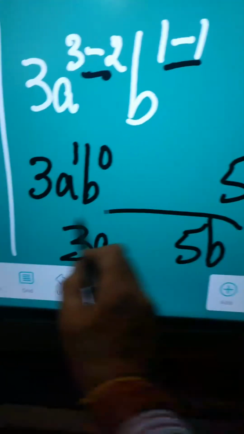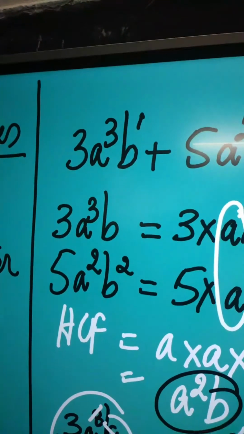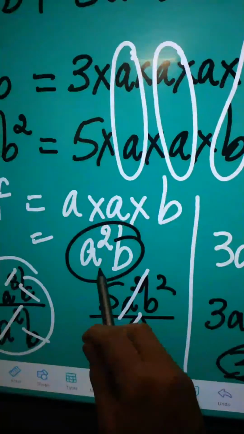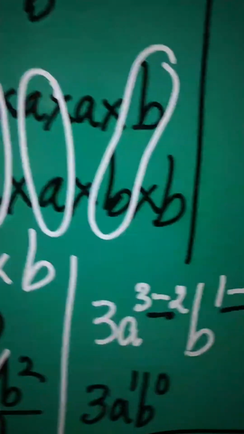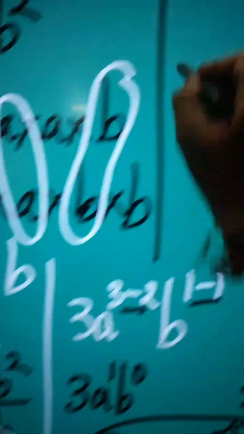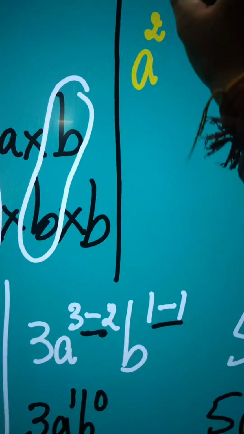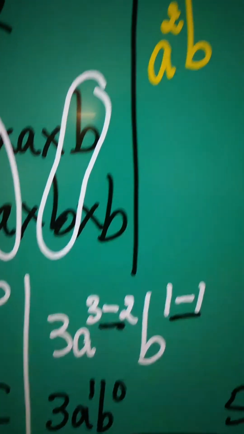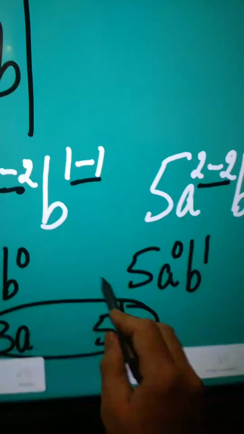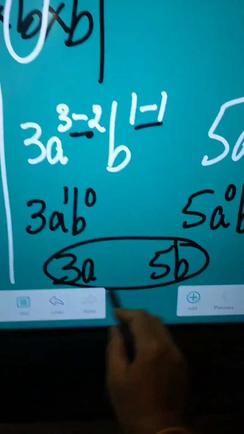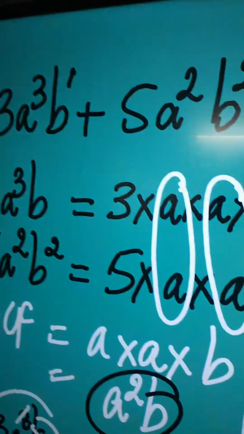Now this answer will be written in a bracket. So what is the simple way? You will take the HCF. First you write the HCF, a square b, then write the bracket, and then the answer which we have got here you write with the same sign.